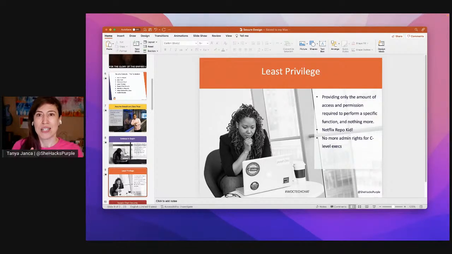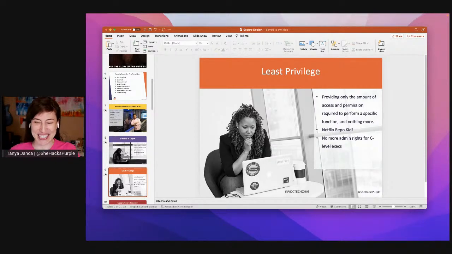Do they need a key to the car now? No. Should they have a key to the car when they're really little still? No, because they don't need that privilege. But when they're a teenager, we are going to argue about how they want those privileges, right? And so does anyone else have other examples they'd like to share about least privilege?